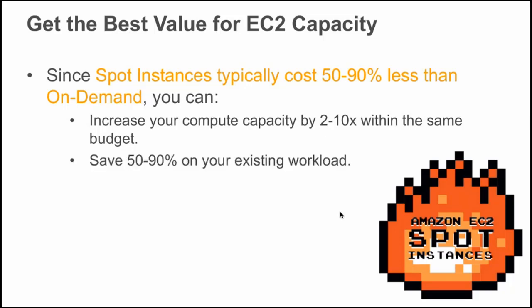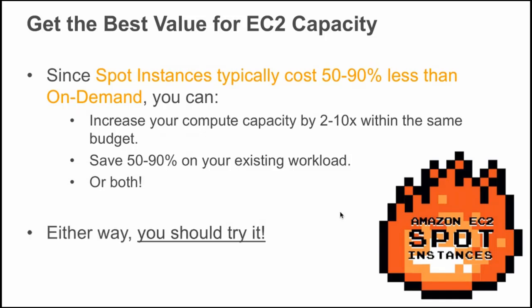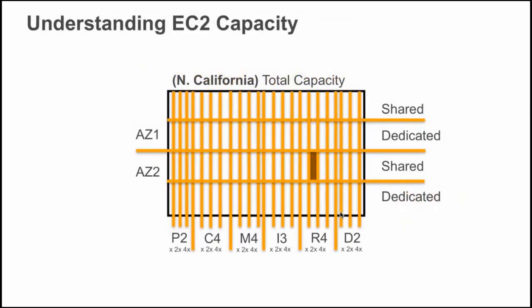Otherwise, if you aren't after more compute capacity, you can consider using Spot instances to save an immediate 50 to 90% off of your existing workload. Many customers will do a combination of both, right? So I think either way, you should try this out. Give Spot instances a good hard look and understand how they can benefit you within your environment. So let's understand EC2 capacity a little bit more, right?